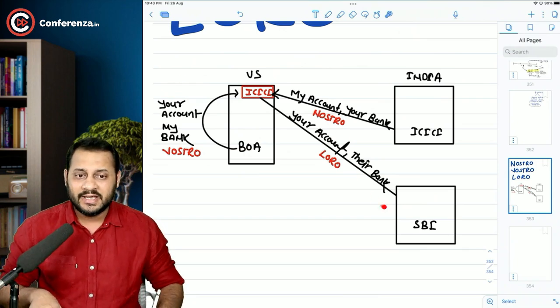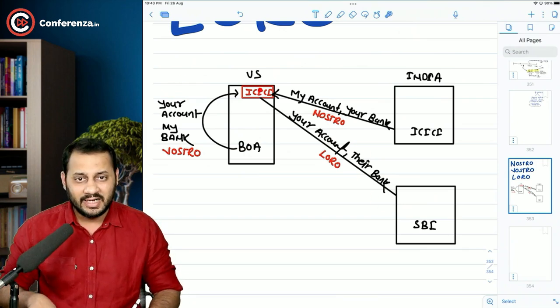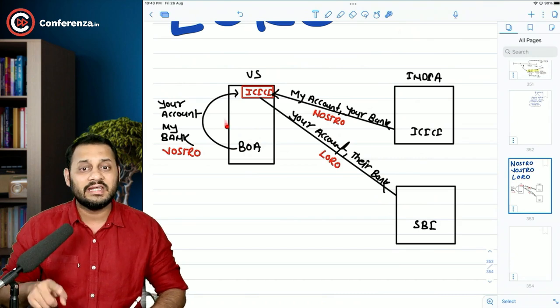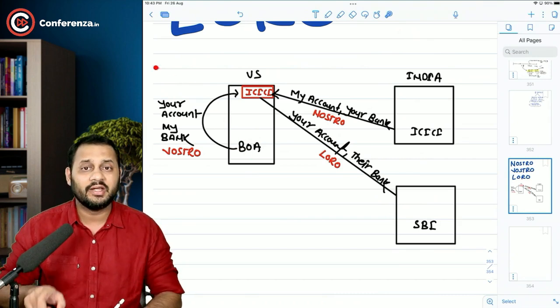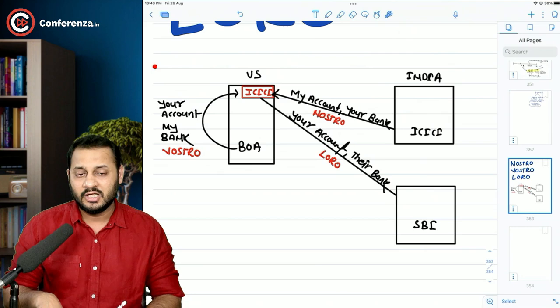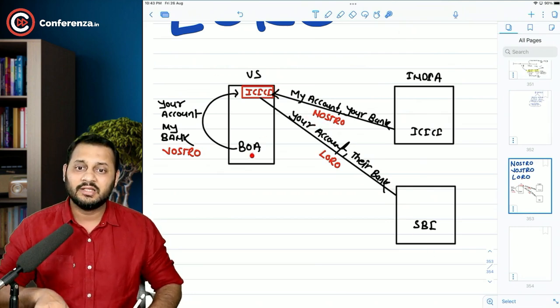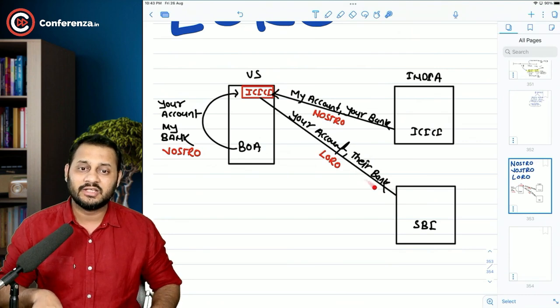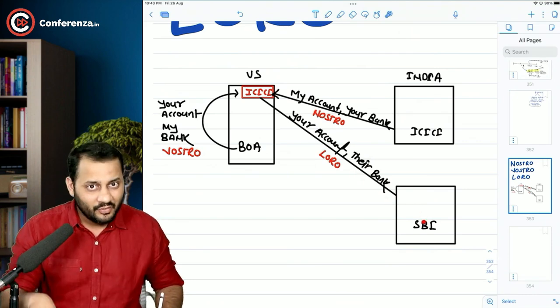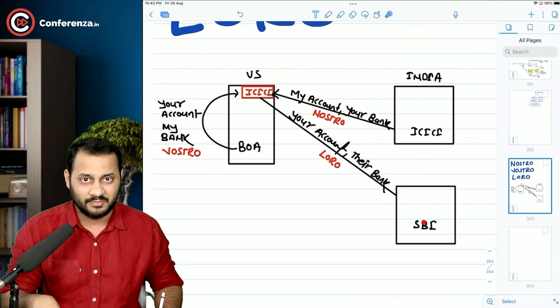So basically SBI is using ICICI bank's account in Bank of America to pay someone else in America. So for SBI, this is someone else's account and the bank is also someone else's bank. So neither the account is mine nor the bank is mine.